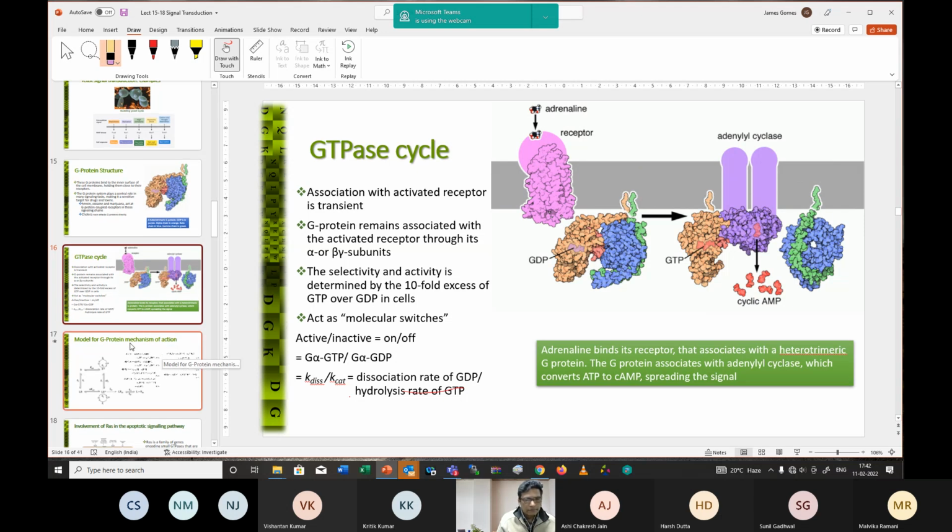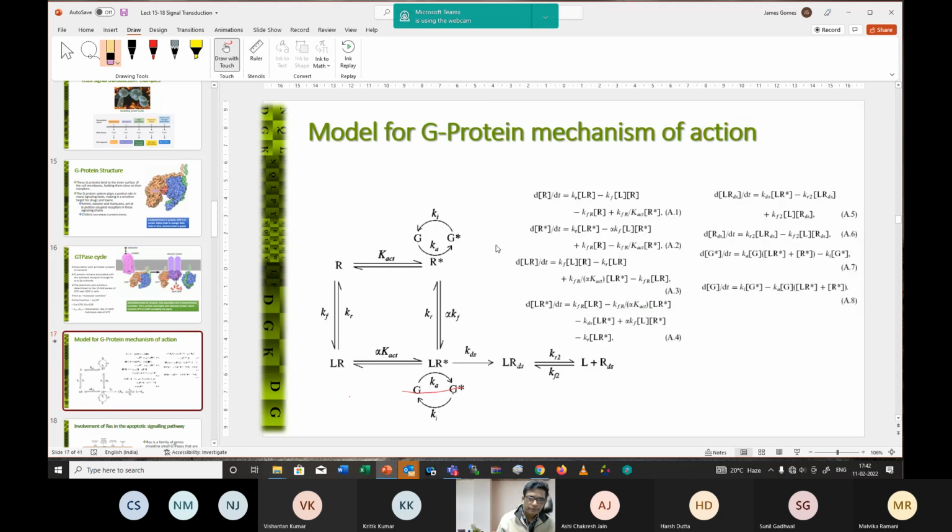Sorry. So how do we go about doing this modeling? Let me see if I can erase this out. I don't know why it's not working here.